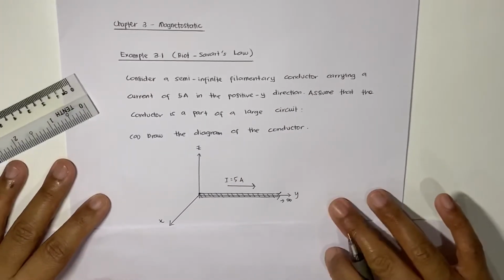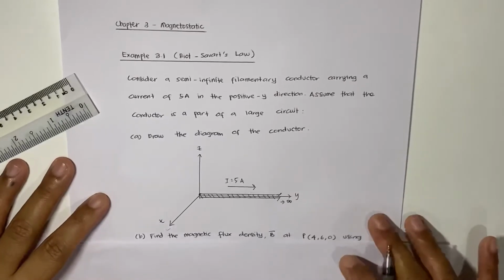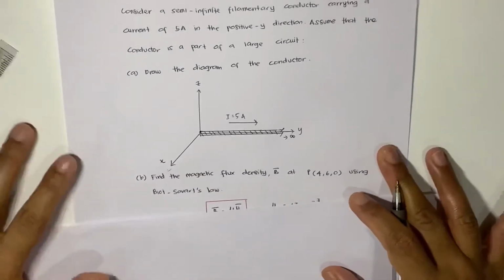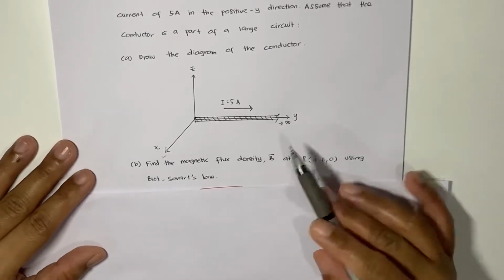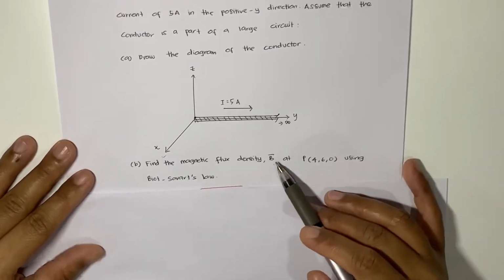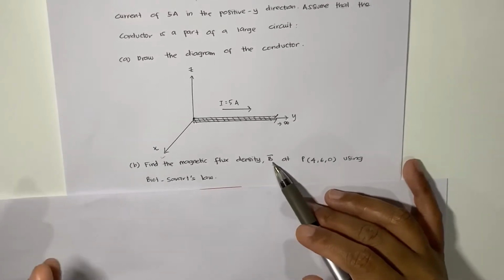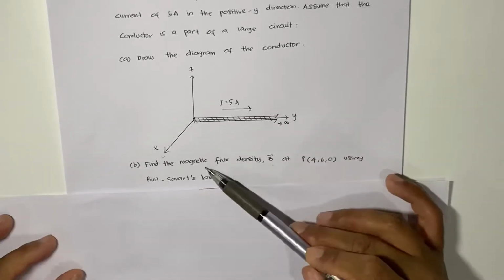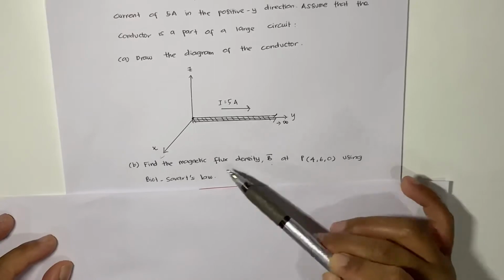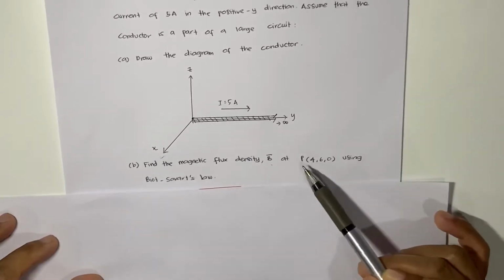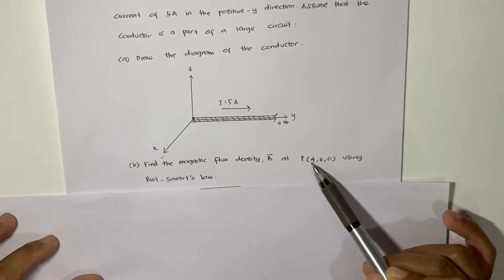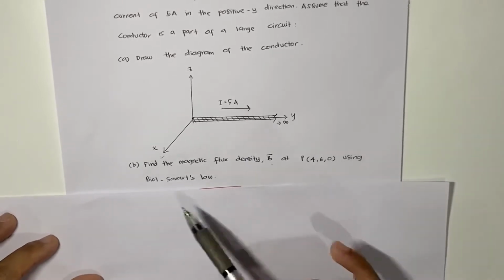Okay, this is the diagram of the conductor. And then the second question is, find the magnetic flux density of the conductor, which is B. So remember that B is the symbol of magnetic flux density. Magnetic flux density at point P (4, 6, 0) using Biot-Savart Law.